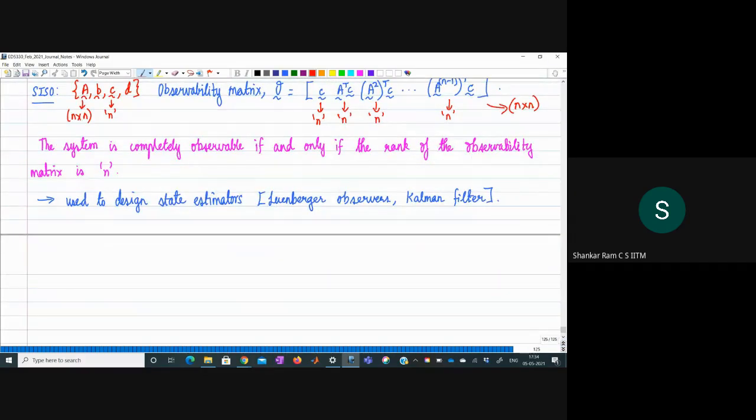So now, what I am going to do is just motivate the next question, which we will complete in the next class. Okay, on how do we design this full state feedback controller in an optimal way.